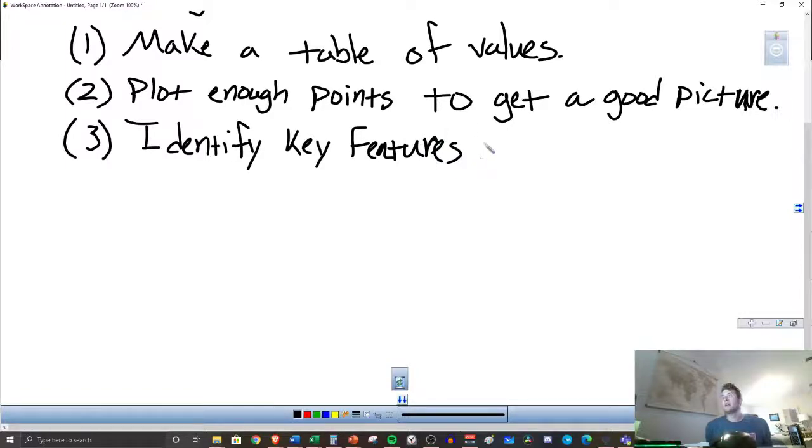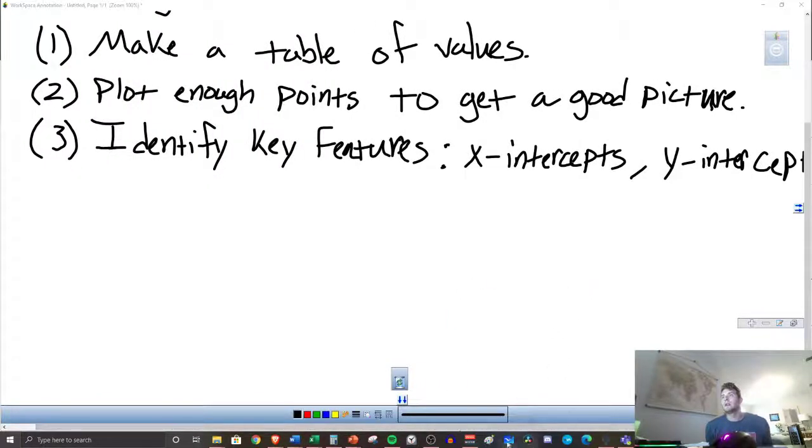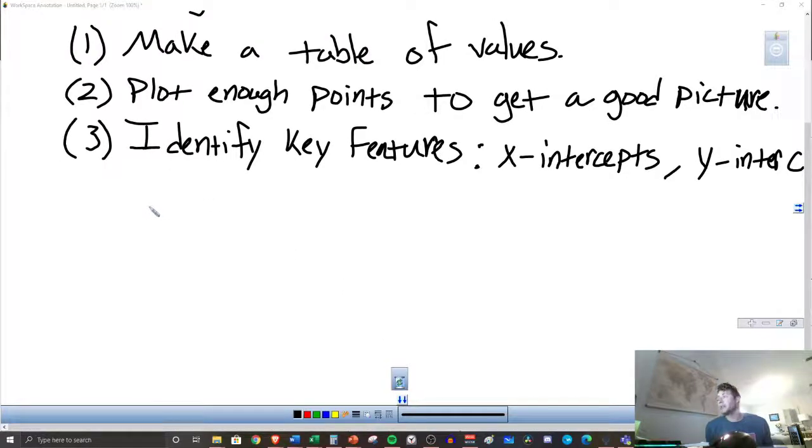What that includes, and you should define these in your definitions assignment, is x-intercepts, y-intercepts, and then the last thing that we want to consider looking at is what's called extrema.